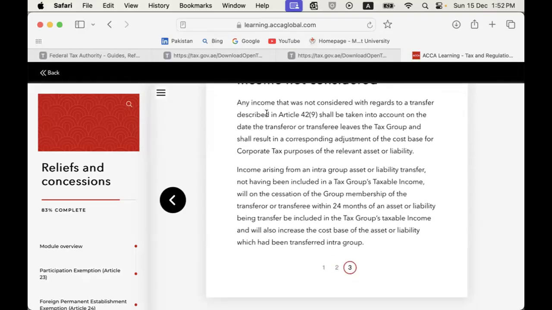Income not considered. Any income that was not considered with regards to a transfer shall be taken into account on the date the transferor or transferee leaves the tax group, and shall result in a corresponding adjustment in the cost base.